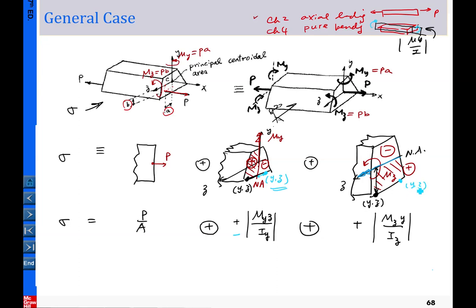For this case z has a negative coordinate, whatever. This point is again located in tension, so you put in the positive sign with whatever the magnitude is. And again, if you want to exercise any point above, then you put in the negative sign. Okay, so from here you superpose individually, and you should be able to calculate the stress at any point there. Okay.